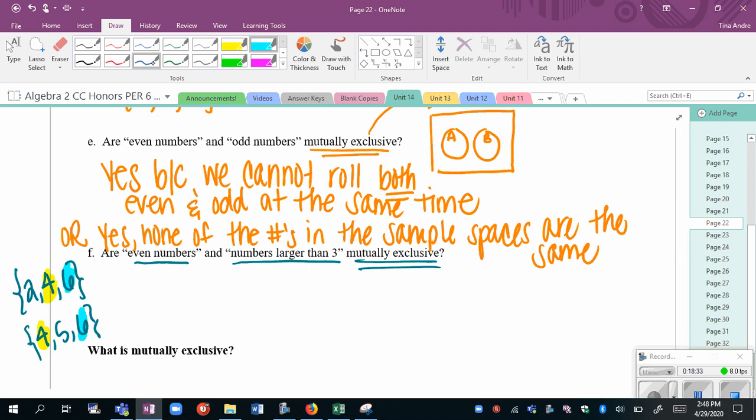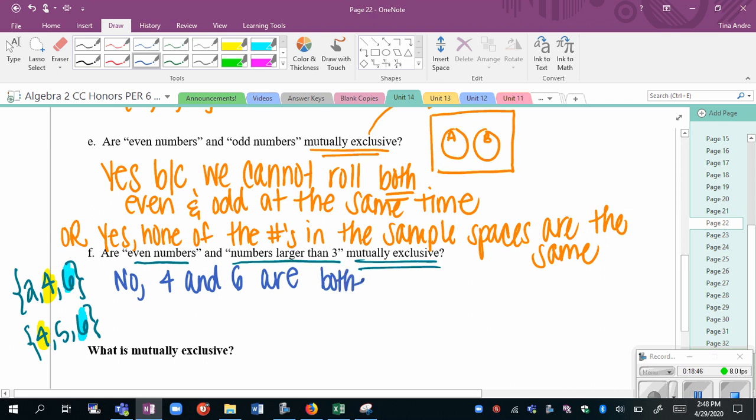So now we just write a sentence. We can say no, 4 and 6 satisfy both, so they are both even and larger than 3. So that's one way to answer it.